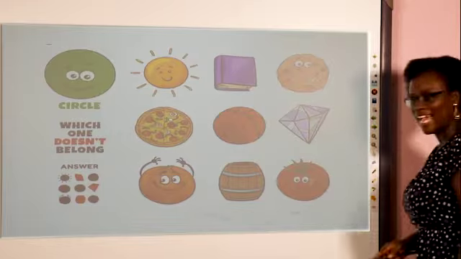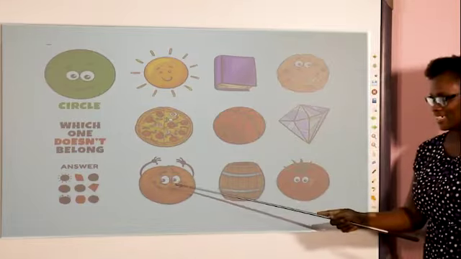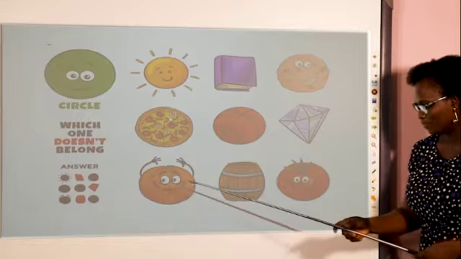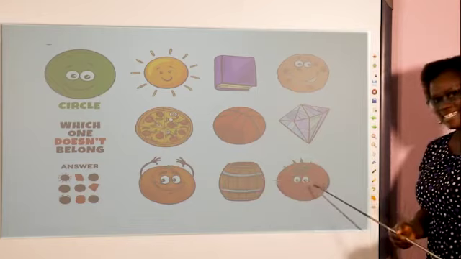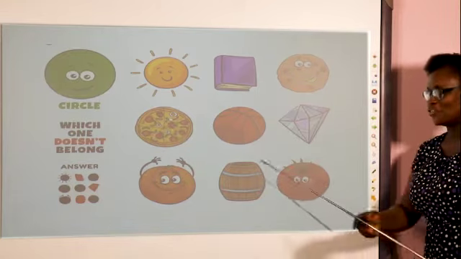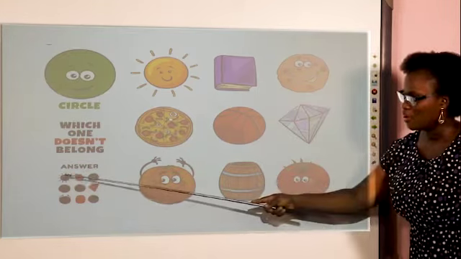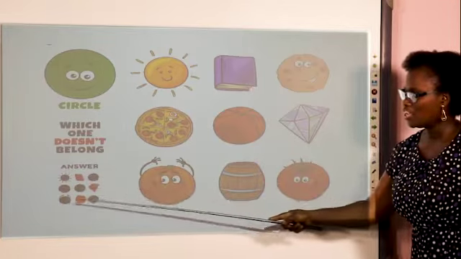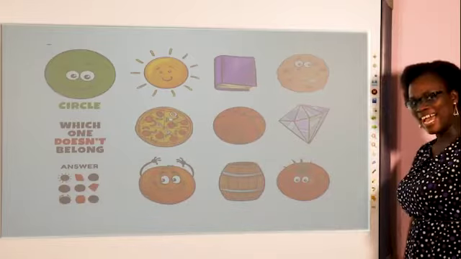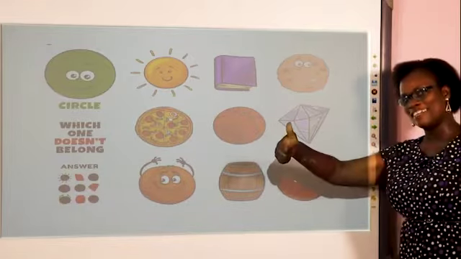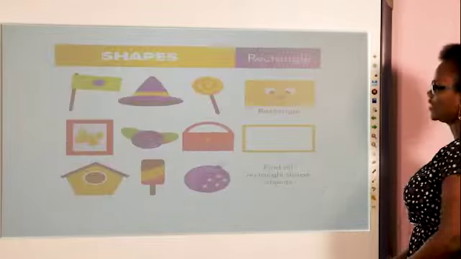Diamond is not a circle. What about this? A pumpkin. Beautiful. A drum. No. And this? Tomato. Beautiful. So how many do we have here? Let's count. 1, 2, 3, 4, 5, 6. Are we all together? Thumbs up for everyone. Beautiful. Thumbs up. Let's move on to the next shape.